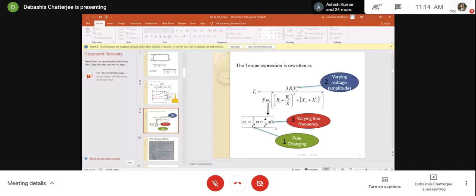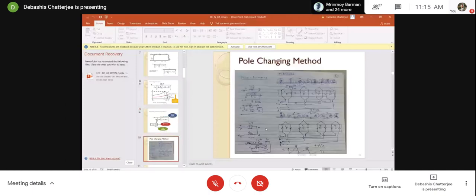Now you will see how pole changing works. This one I could not draw, so I drew it on paper and then took photographs. So is it visible to you? Because on the board I have shown it, but here it is in this mode. Wait for some time.